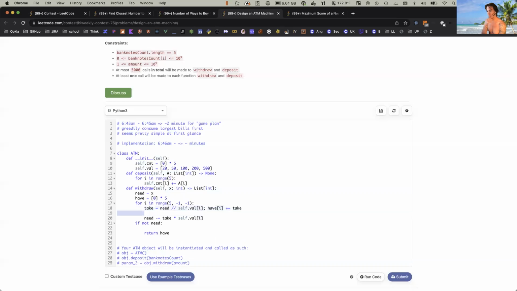I'll move this down here, it's fine. It's not plus equals, but just equals. Have[i] equals what we take.